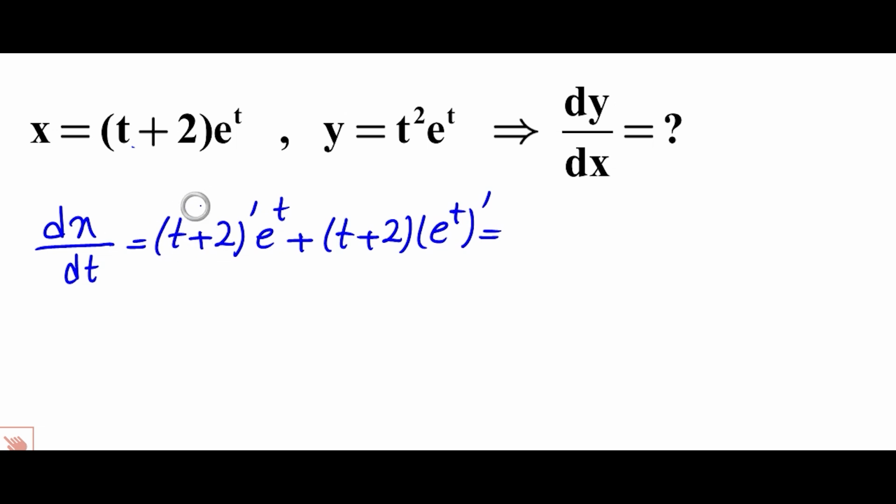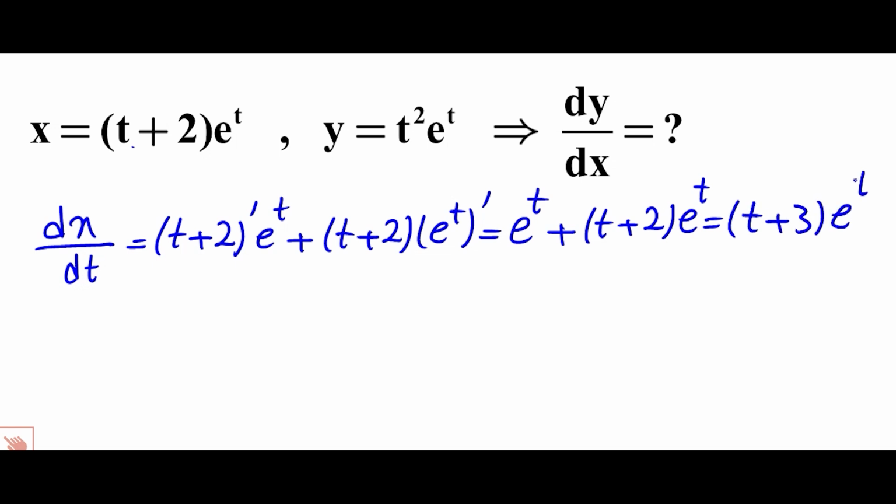The derivative of t plus 2 with respect to t is 1, times e to the t, plus t plus 2 times the derivative of e to the t with respect to t, which is e to the t. So we have (t plus 3)e to the t.